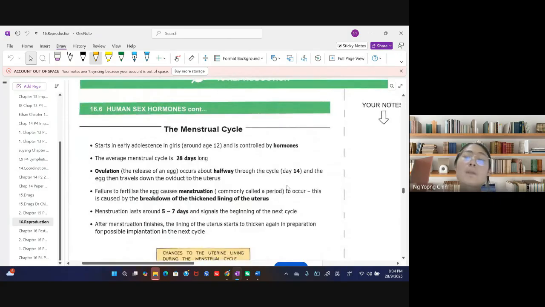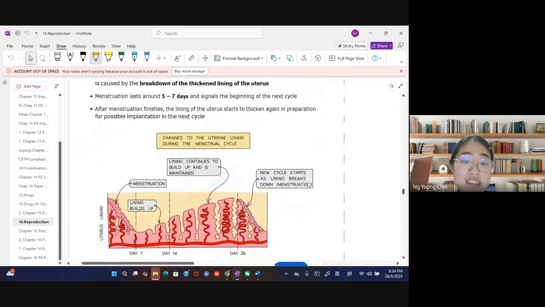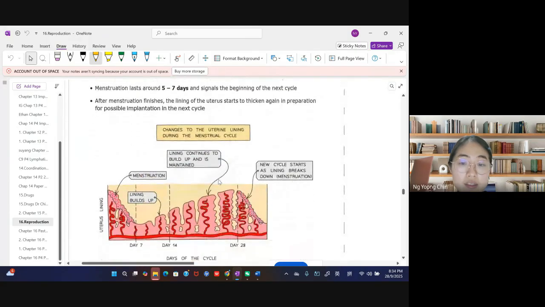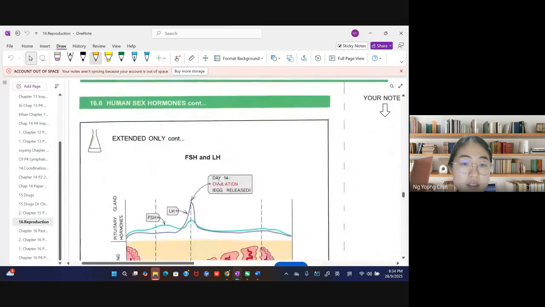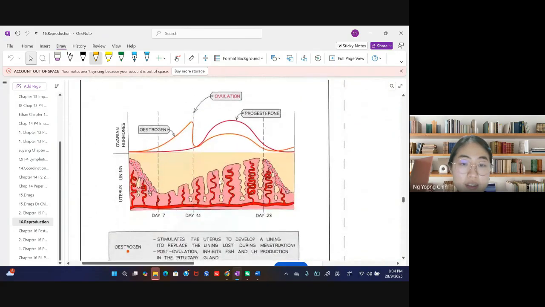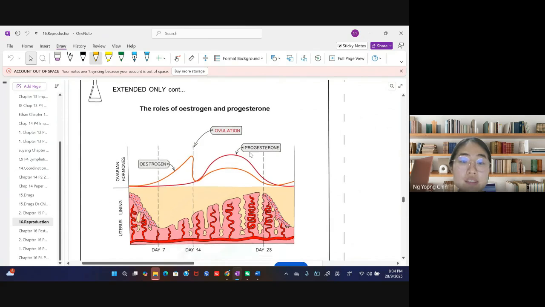So we already finished talking about the menstrual cycle, so you should know about the phases that happen in the menstrual cycle. And then the hormone control, so now you already know the role of estrogen and progesterone.